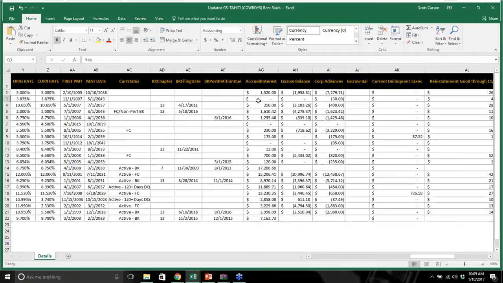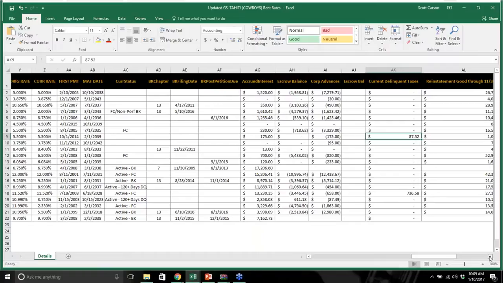Escrow balances, any negative escrow balances, usually it's taxes or liens. Corporate advances also kind of fall in there as well, that's insurance most of the time. You also have some taxes, stuff that looks like it's been paid off. You can see if there are any delinquent taxes. There's not much delinquent tax on this stuff, but you still want to double check this.